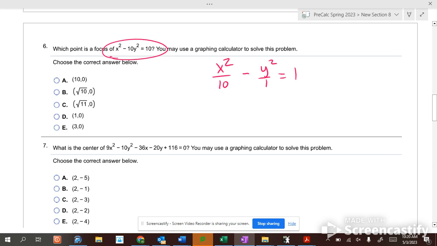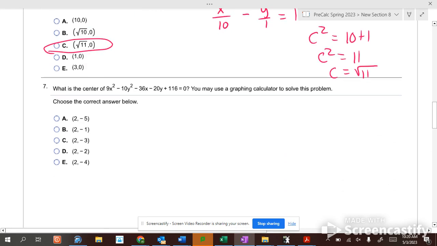Well, c squared equals a squared plus b squared. This is already a squared, that's already b squared. So c squared equals 11. So c equals the square root of 11. Which one involves the square root of 11? That one right there does.